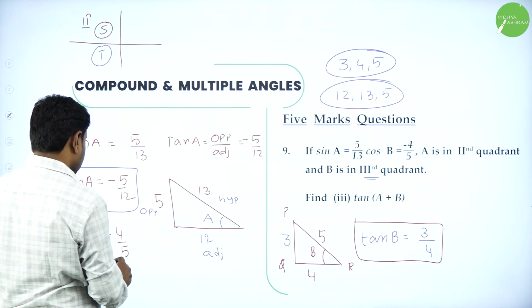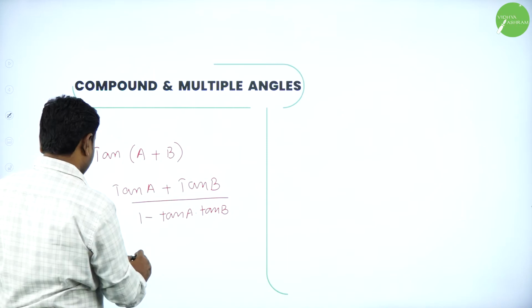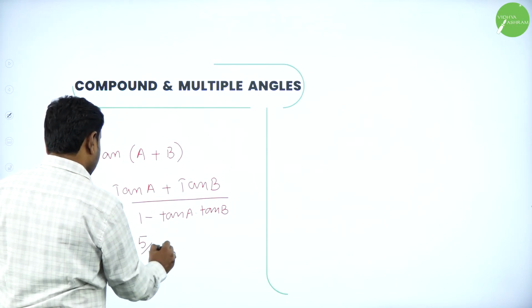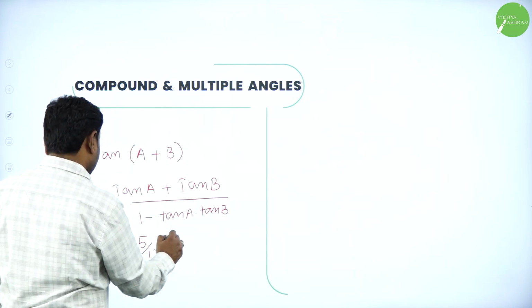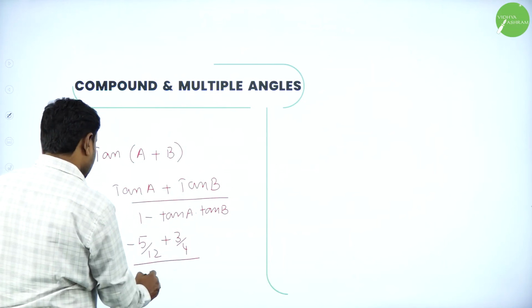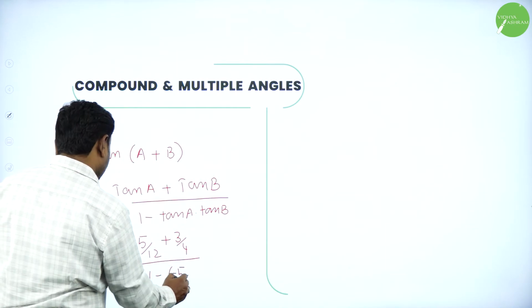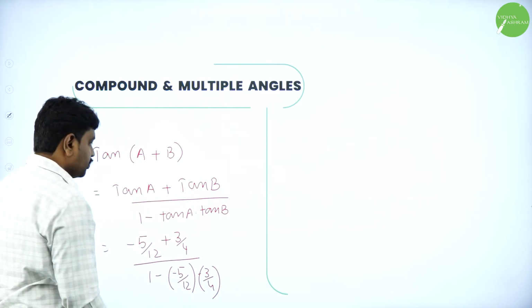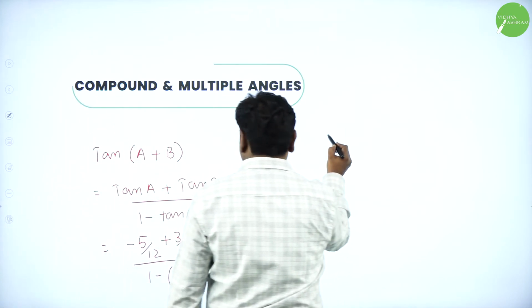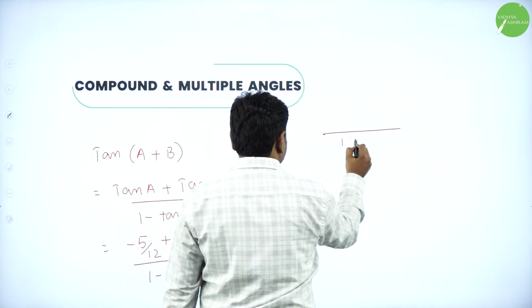What is tan A? Tan A is minus 5 by 12. What is tan B? Tan B is 3 by 4. So minus 5 by 12 plus 3 by 4, divided by 1 minus, minus 5 by 12 into 3 by 4. Simplify the numerator. If you take the LCM of 12 and 4, it is 12.